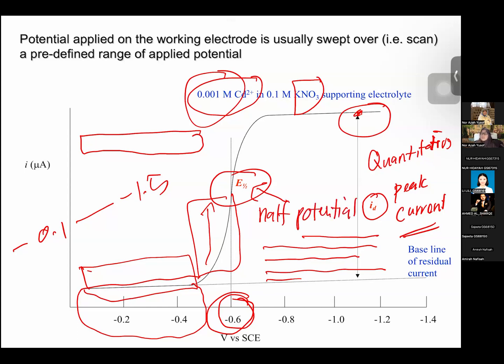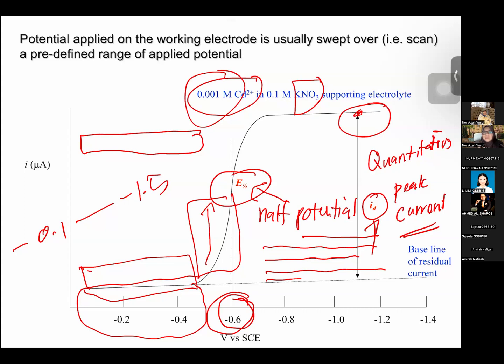The half potential is an important value if we want to know qualitatively. In this case, because we already knew it is cadmium, what's important to us is probably quantitative, so we can use the ID value.